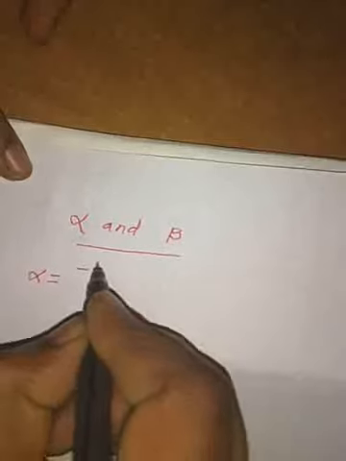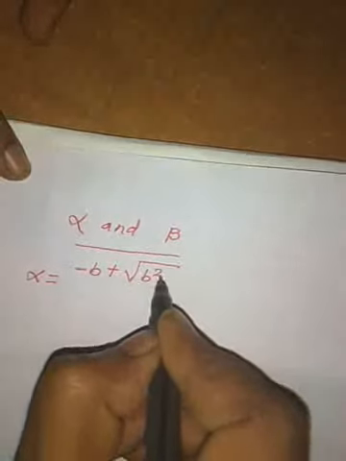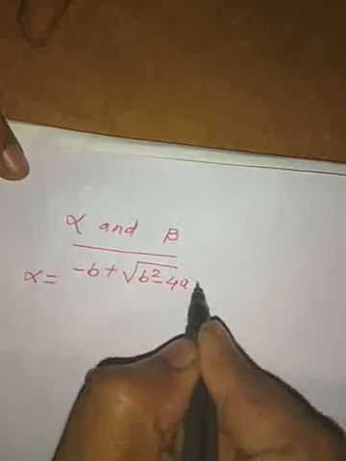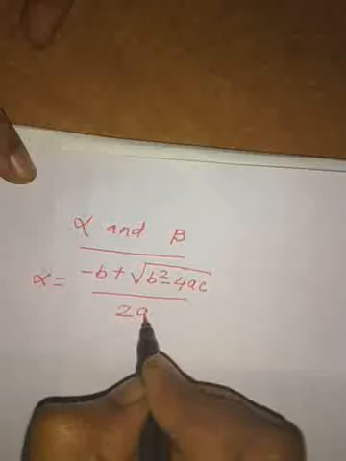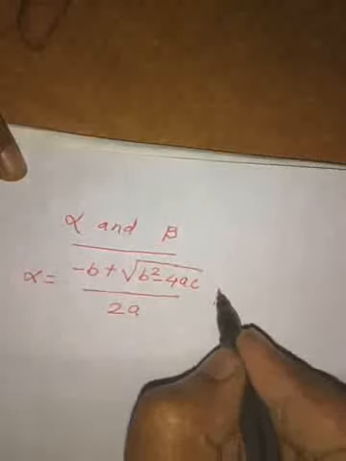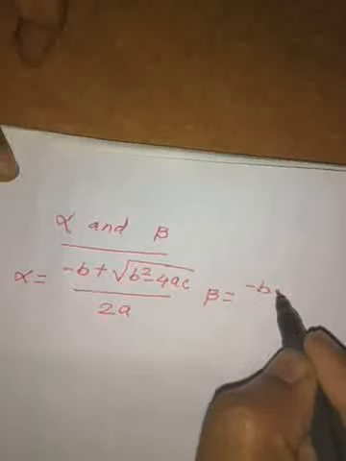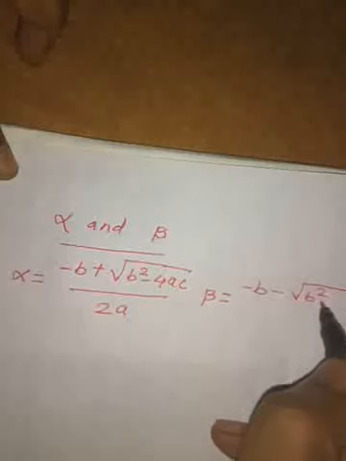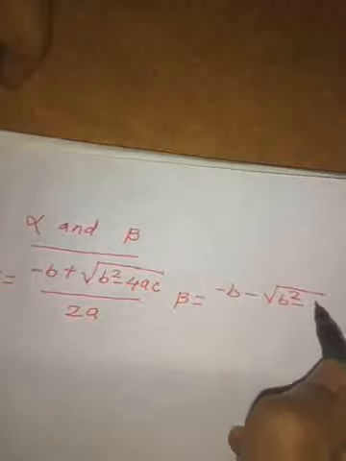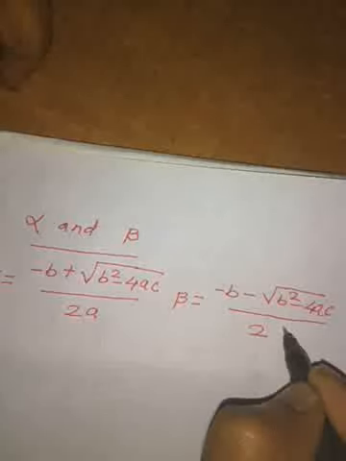Then we can write alpha is equal to minus b plus square root of b square minus 4ac upon 2a, and beta is equal to minus b minus square root of b square minus 4ac upon 2a.